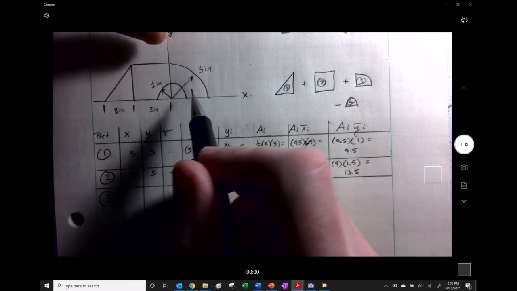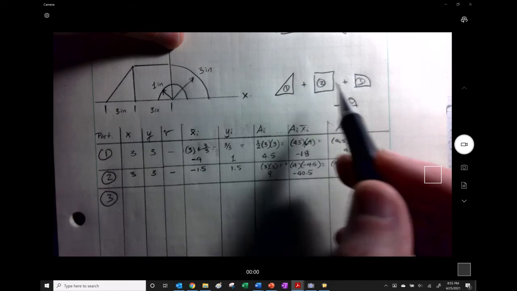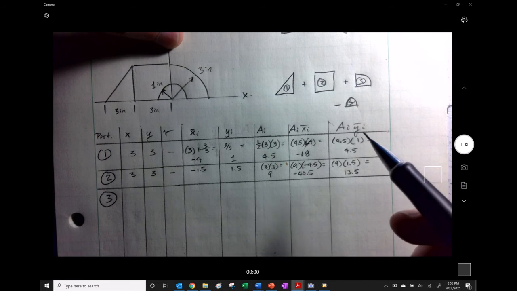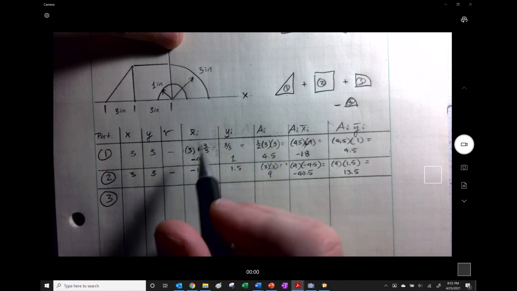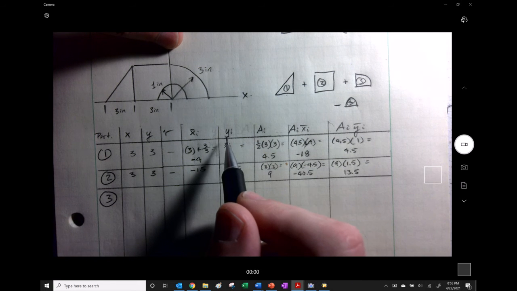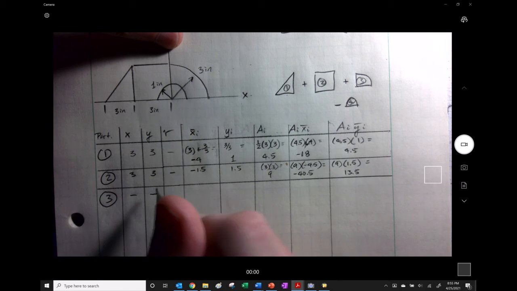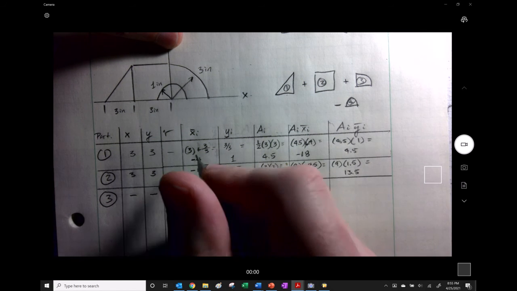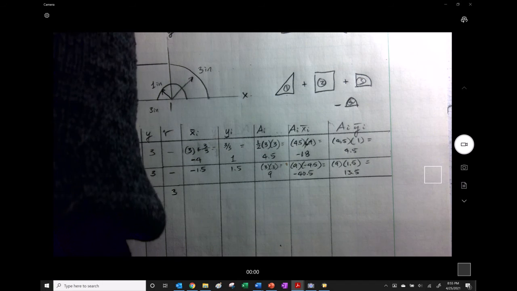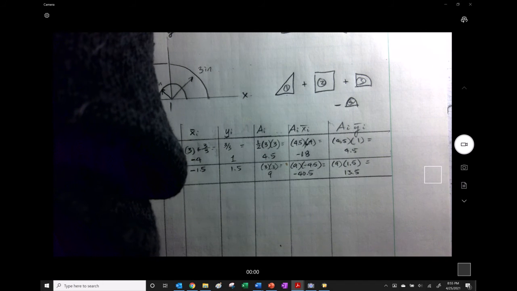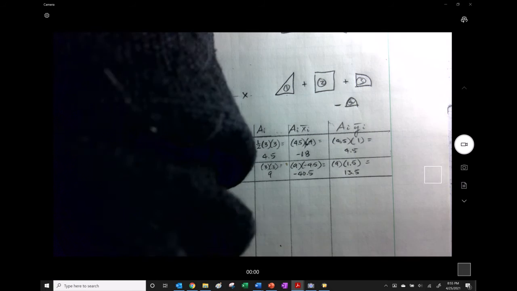All right, so now we got a quarter circle. We're going to have to look that one up too to see what its x and y is going to be. But its radius is 3, so it's x bar. Let's see, I had to look it up here. I already had it in.